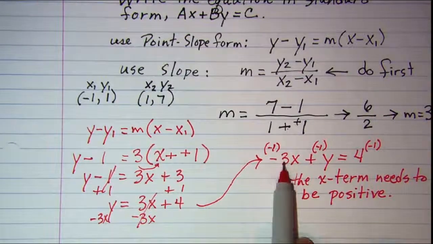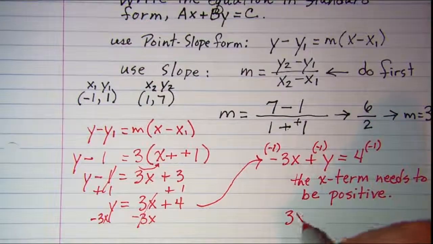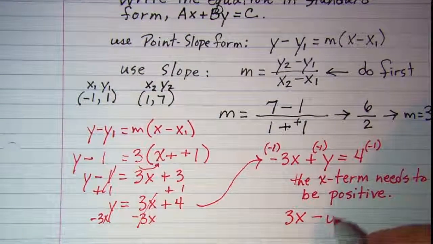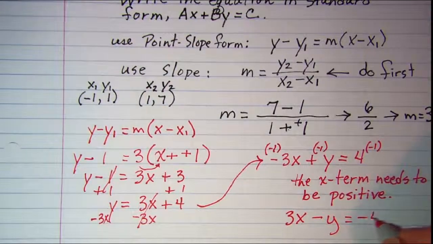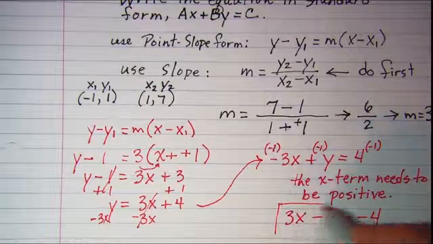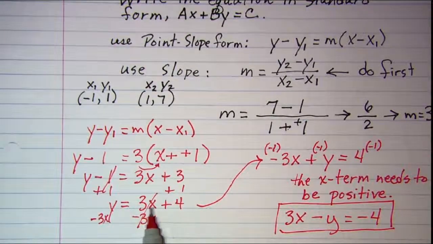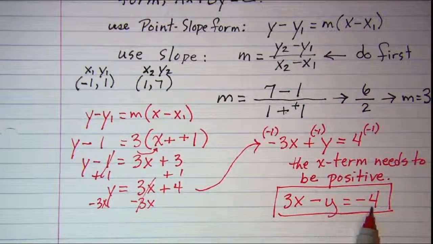So when I do that, that changes this to a positive 3x, changes this to a negative y, and then changes this to a -4. So now I have this equation, y = 3x + 4, written in standard form, 3x - y = -4.